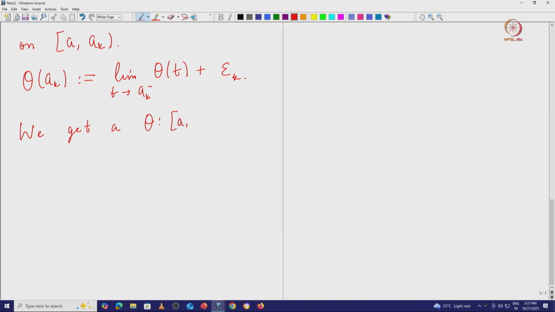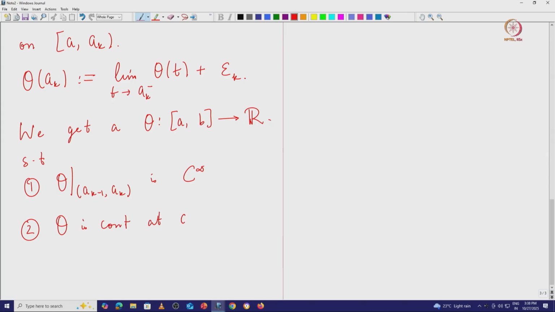Okay, so in this way we get a theta which is defined on all of AB such that theta restricted to the open interval is smooth and theta is only continuous at Ak from the left, sorry, from the right.